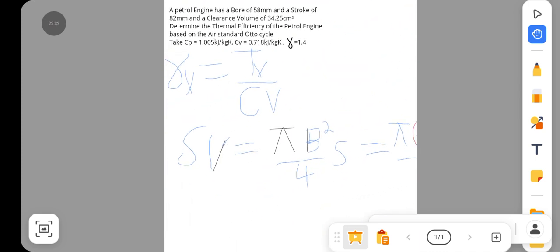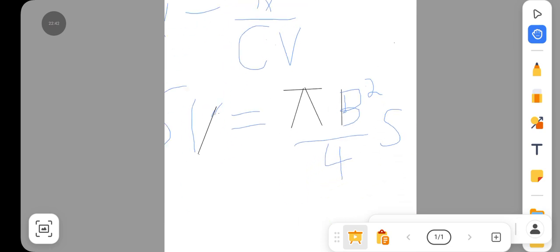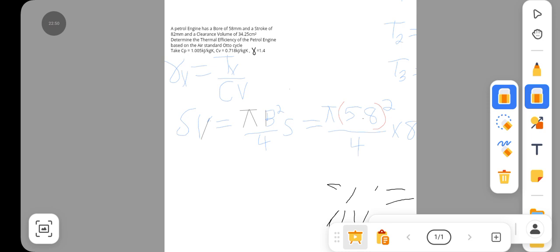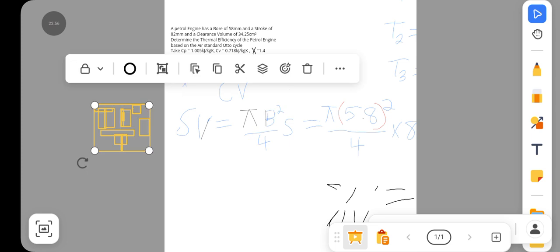Then we went back to put it into our formula. Now we know that our compression ratio is equal to the total volume over the clearance volume, where our total volume is equal to the swept volume plus the clearance volume. And we know our swept volume is equal to pi b squared over 4 times s, where b is the bore and s is the stroke.